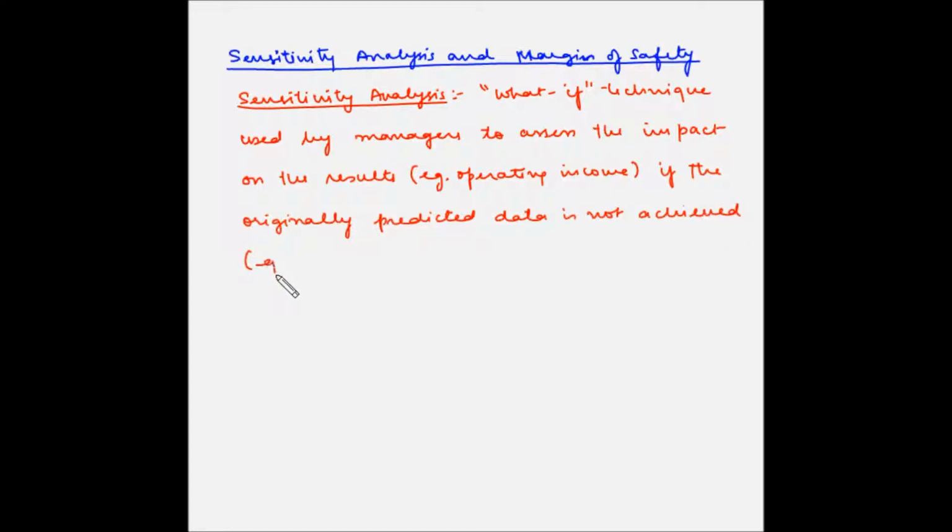Example could be number of units sold, or if an underlying assumption changes.